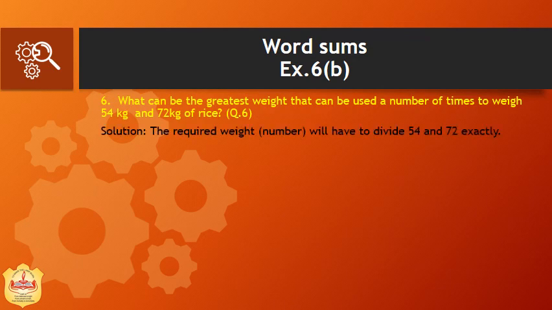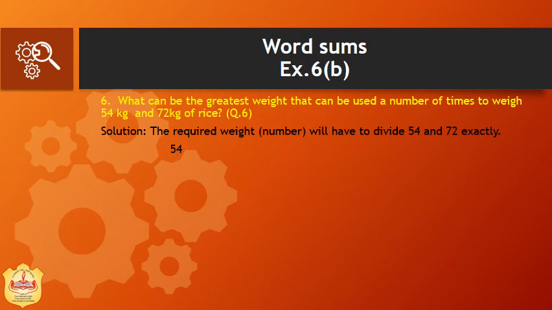The required weight, or you can say the number, will have to divide 54 and 72 exactly or fully without leaving any remainder. So that is going to be the HCF or highest common factor of 54 and 72. So let us find out the highest common factor of 54 and 72 by prime factorization method.